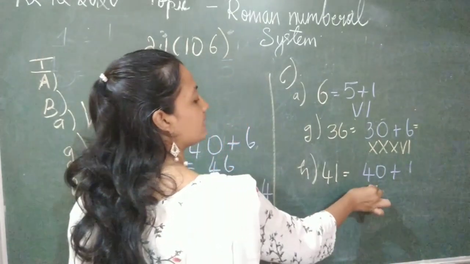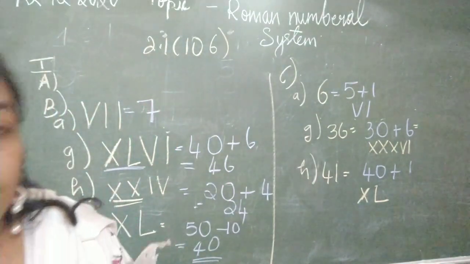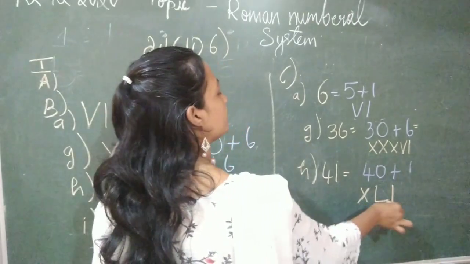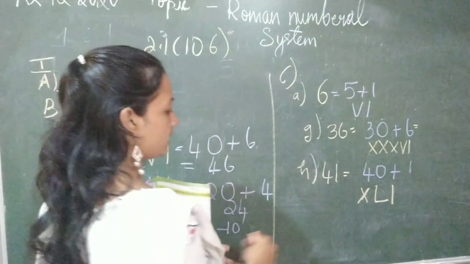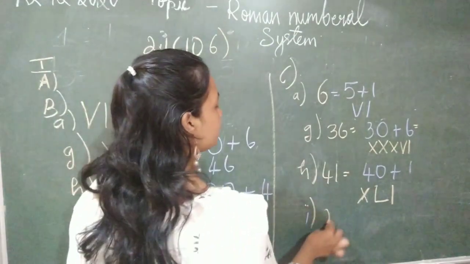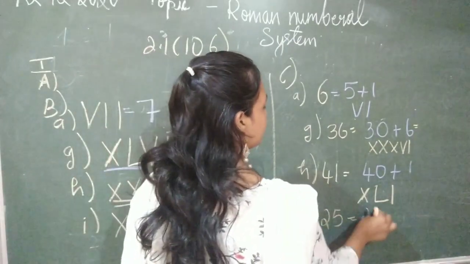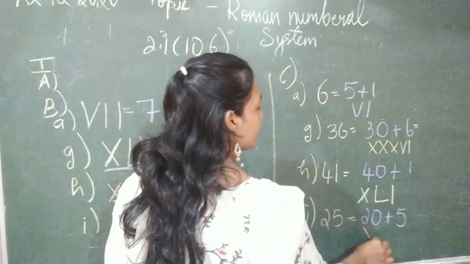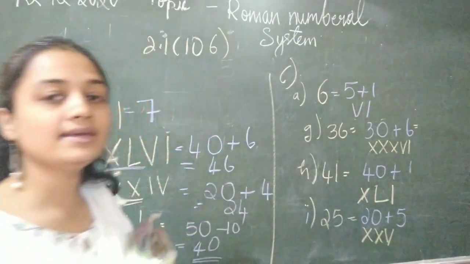It is 40. 40 plus 1 is 41. Next I have I, 25. It's very simple. Write it as 20 plus 5. So how do you write 20, children? X, X. How to write 5? V. So this is the answer.